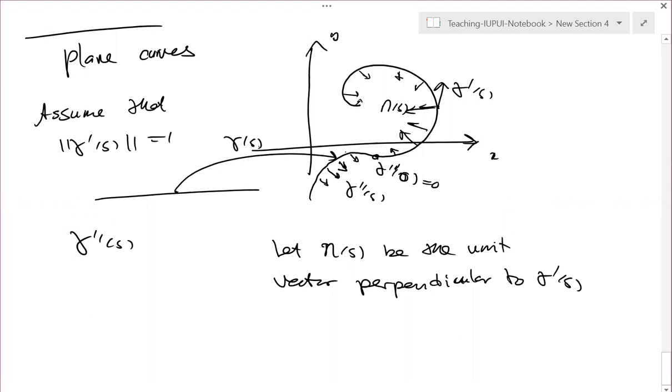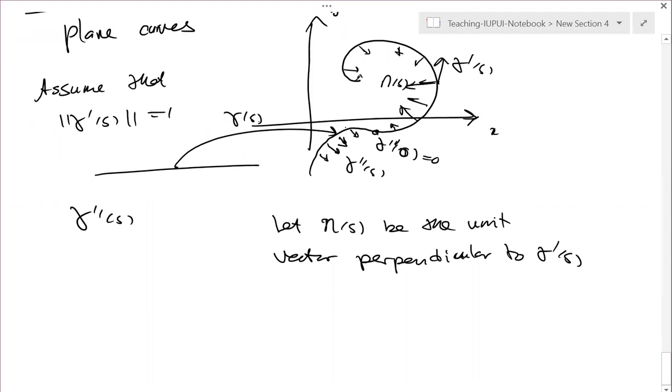The notation is counterclockwise: if this is gamma prime s, this will be N of s. It's defined this way, and that's the only unique one. Rotate the unit tangent vector counterclockwise and you get the so-called normal vector.